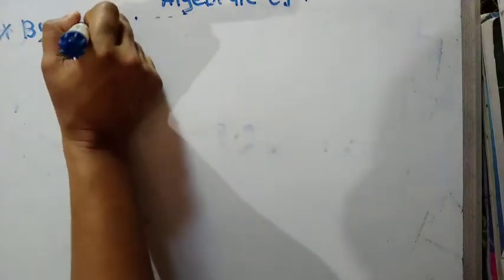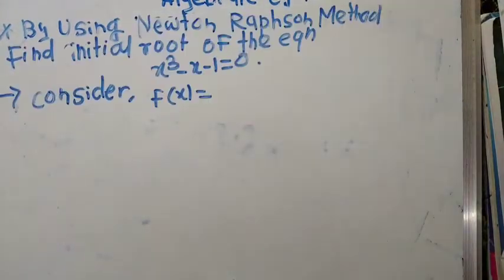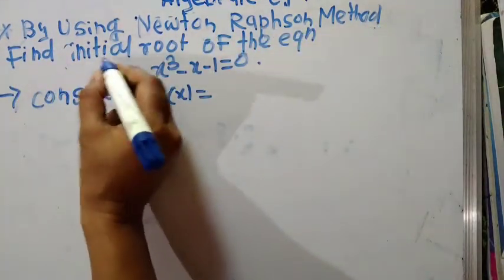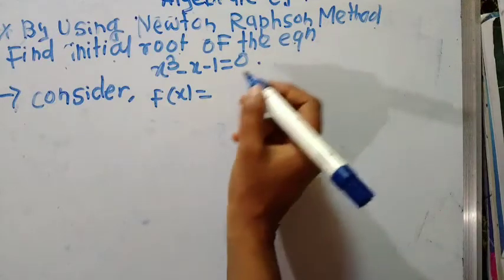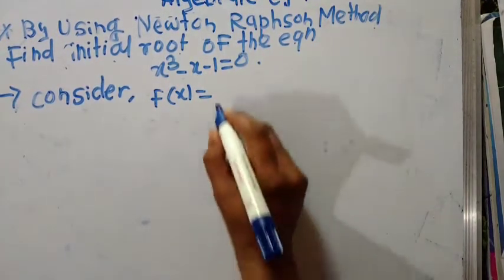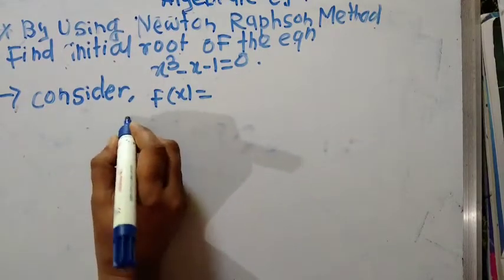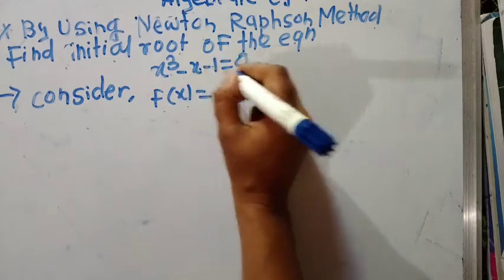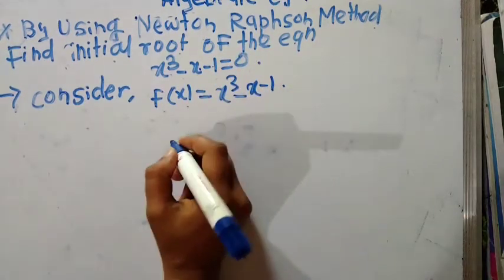Then next example, by using Newton-Raphson method, find the initial root of the equation x cube minus x minus 1 is equal to 0. So consider first f of x is equal to x cube minus x minus 1.